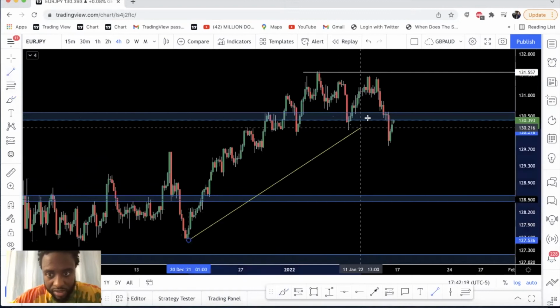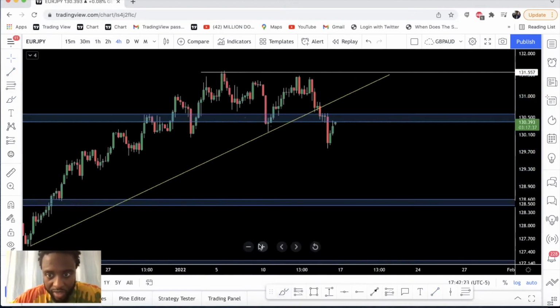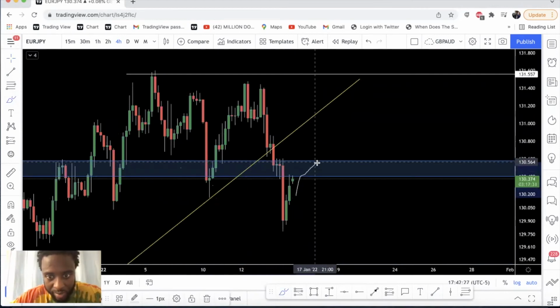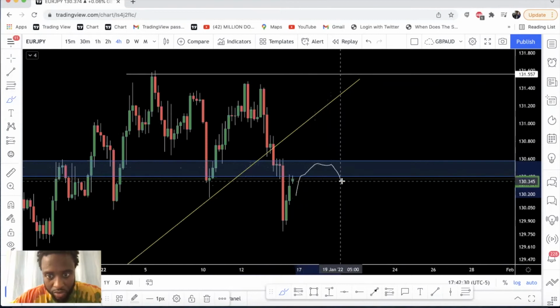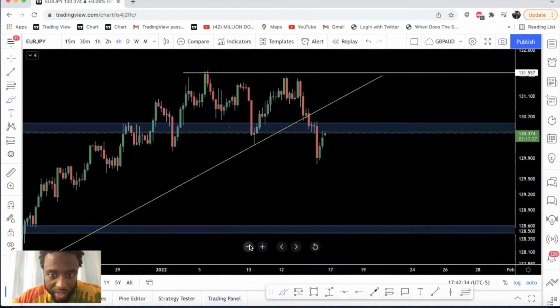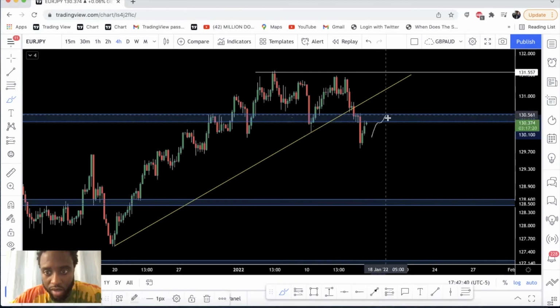In that case, on these pullbacks, there could be another opportunity for a drop. Possibly this retest here, it can stay below this breakout candle, and you could look for this to continue to wave to the downside. If not, then it will probably give a bigger move to the upside, and then you can see that happen. We'll see how this goes, but overall, on this pullback, I'm expecting a bigger dip to the downside.